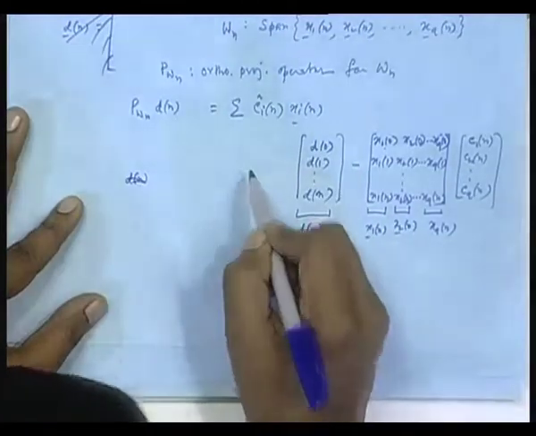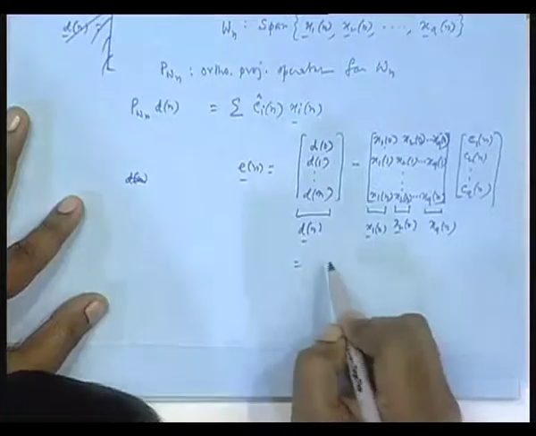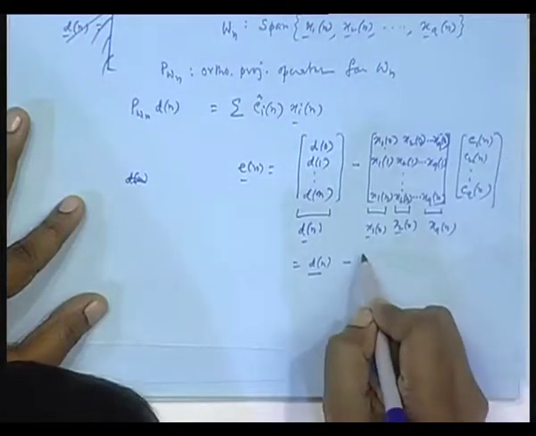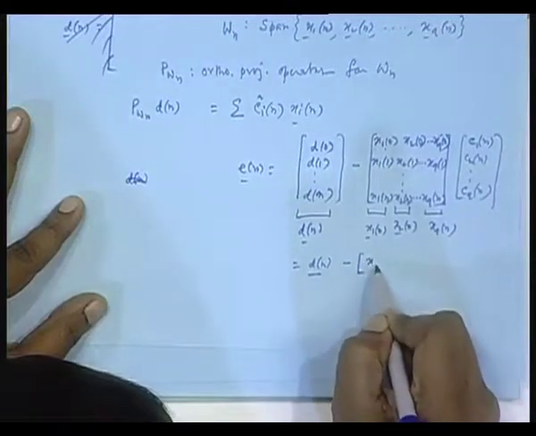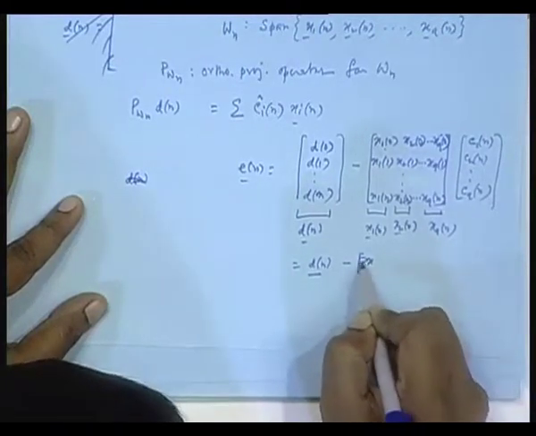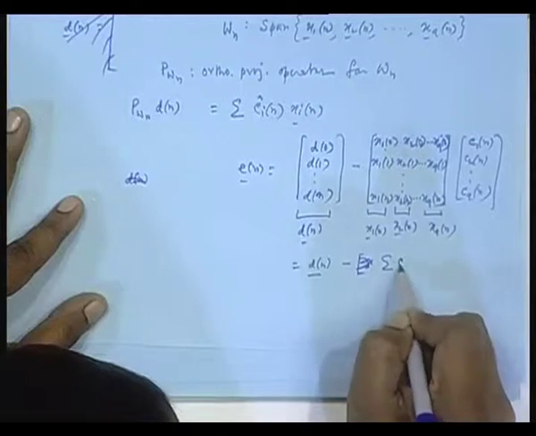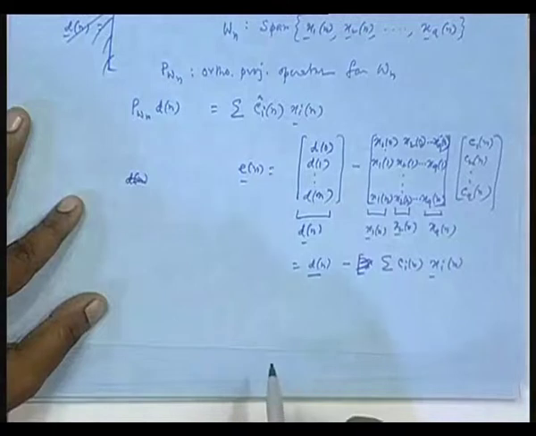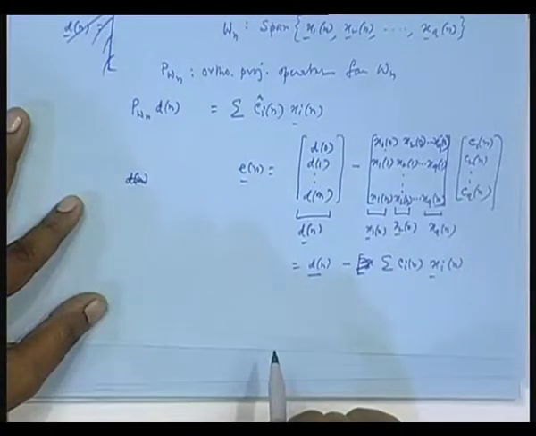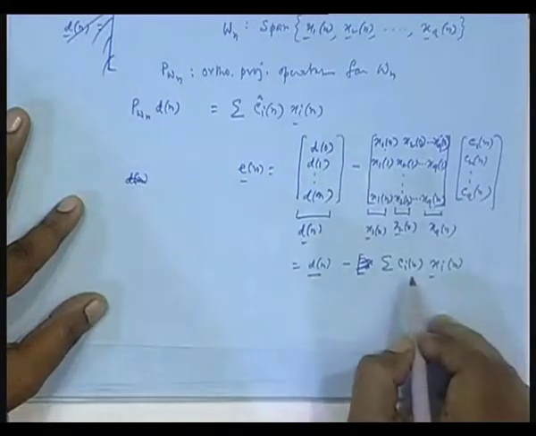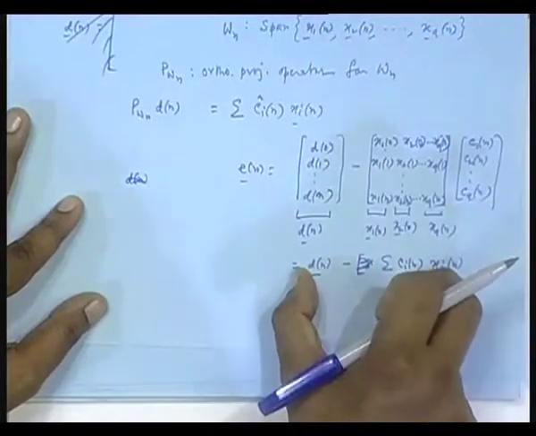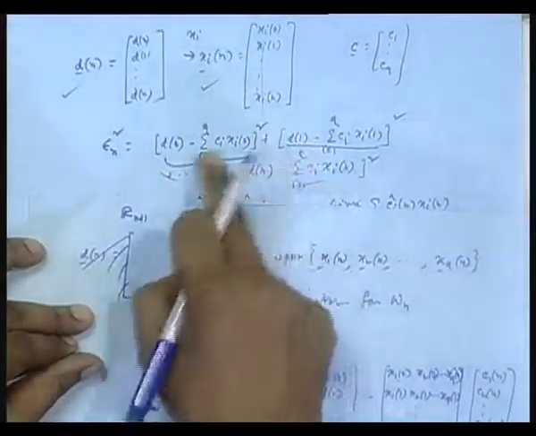So, this error vector, if you call it the en vector, is nothing but the dn vector minus, you can write this way, Cin times the corresponding vectors. That is dn minus a linear combination of those x1 to xq. You find the error, and that error vector norm square is this sum of square errors.